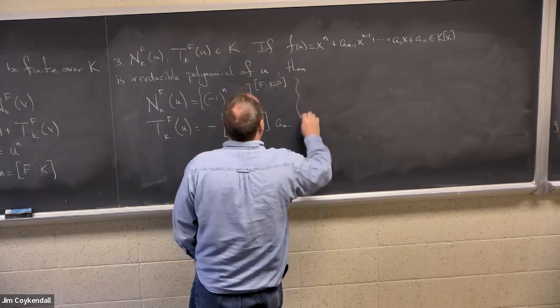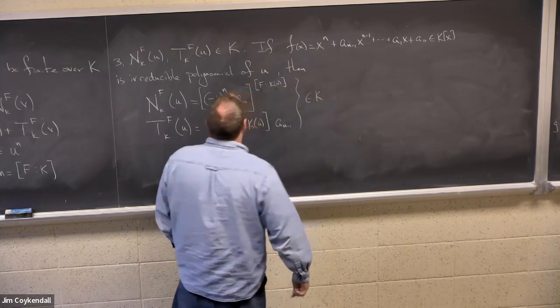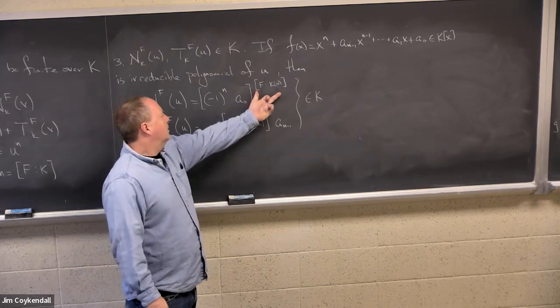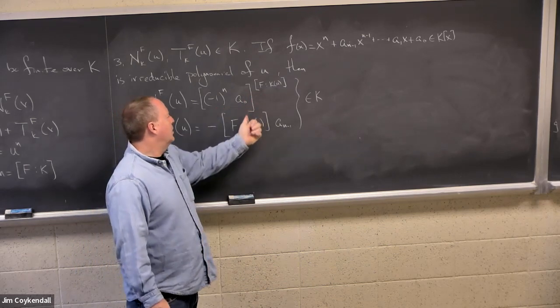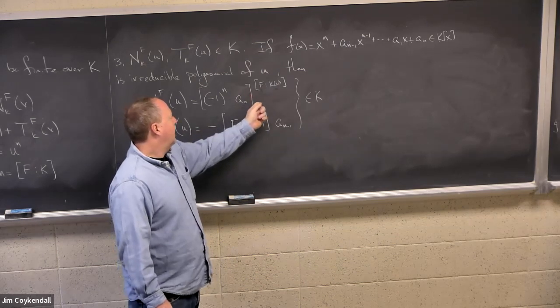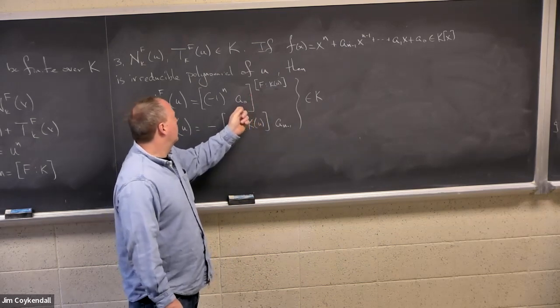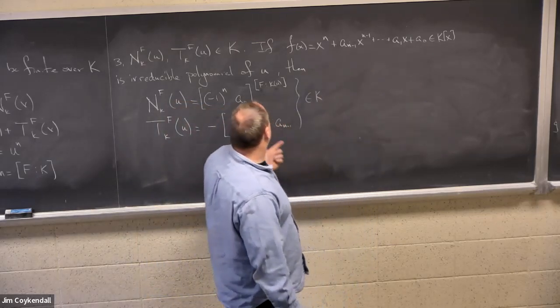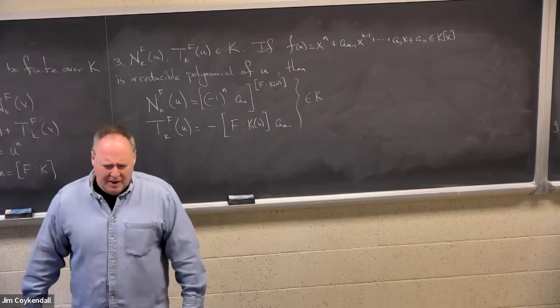And notice these, of course, are both in K. So in other words, up to a sort of scalar multiple, the norm is very closely related to the constant term, and the trace is closely related to this.